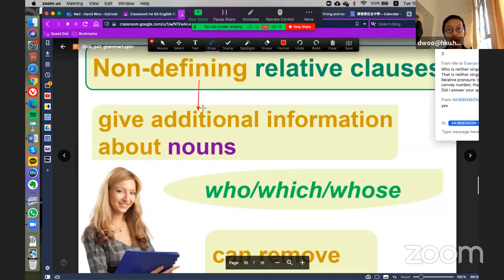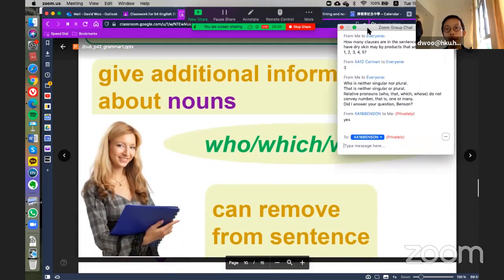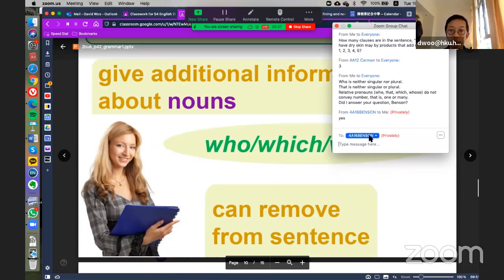Okay. And in this case, who, which, those, you can remove them from the sentence. So I'll just write it out for you. Defining relative clauses add necessary information.